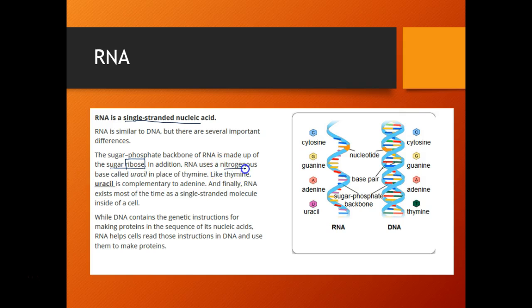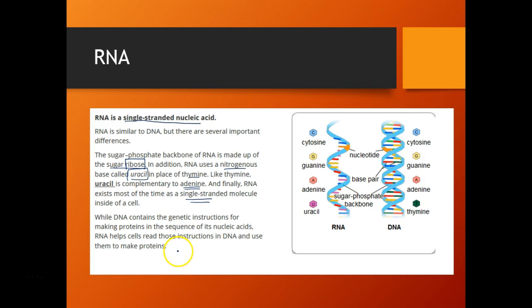RNA also uses a nitrogenous base called uracil instead of thymine. So that means that adenine is going to be bound to uracil instead of thymine. And finally, RNA exists most of the time as a single-stranded molecule, whereas DNA is typically double-stranded.